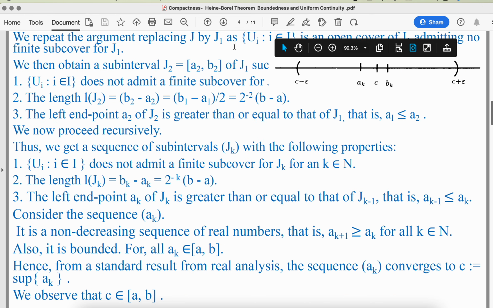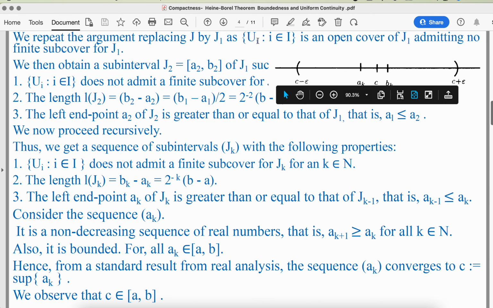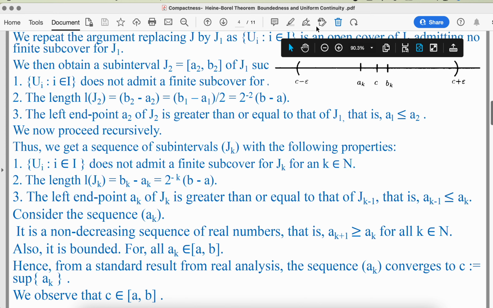We repeat the argument replacing J by J1, because U_i, where i belongs to some indexing set, is an open cover of J1 admitting no finite subcover for J1. We then obtain a subinterval J2 equal to the closed interval [a2, b2] of J1 such that U_i does not admit a finite subcover.